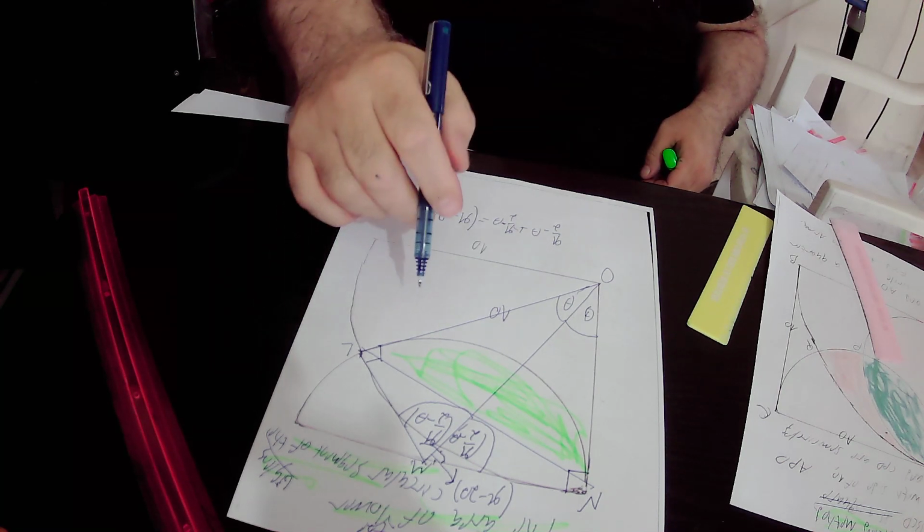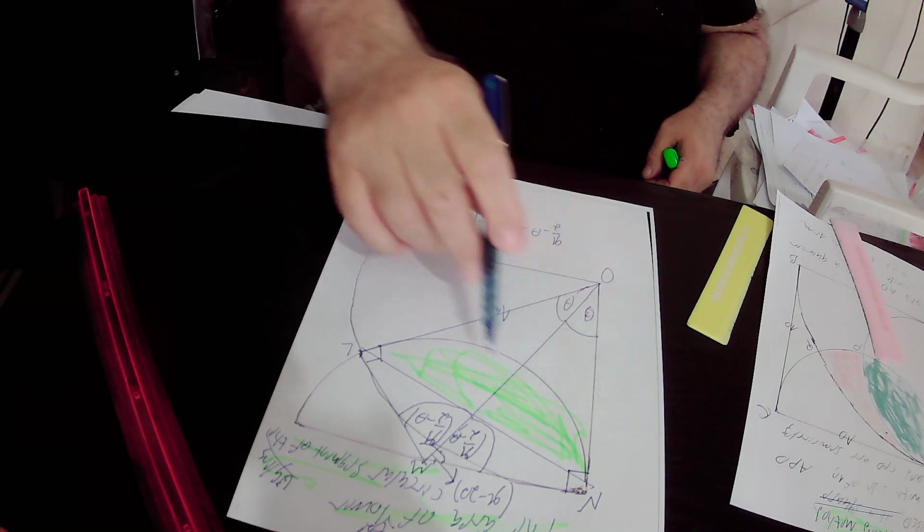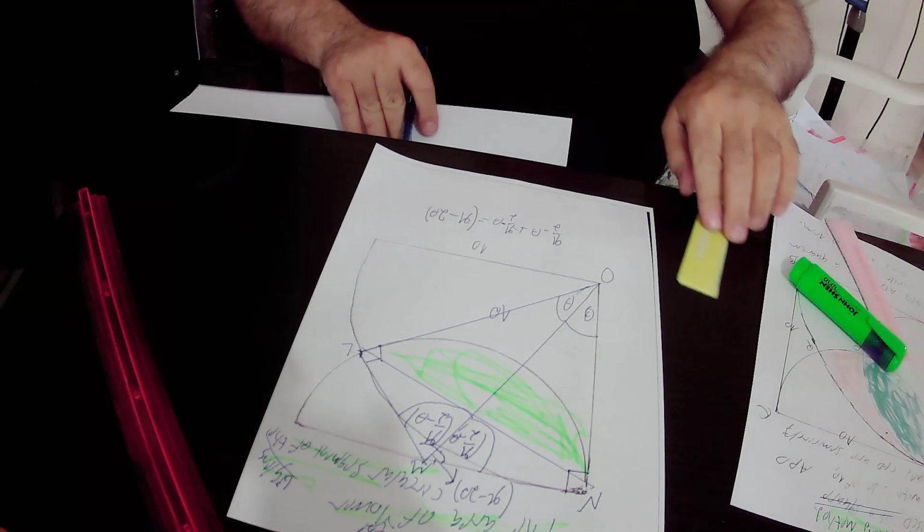Now we'll find out the area of the lower circular segment NL. So what is the area of the lower circular segment NL?